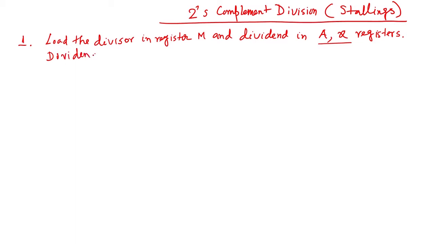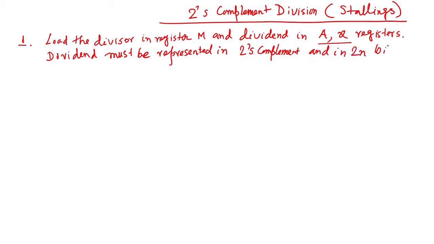Dividend must be represented in 2's complement, and in 2n bits.